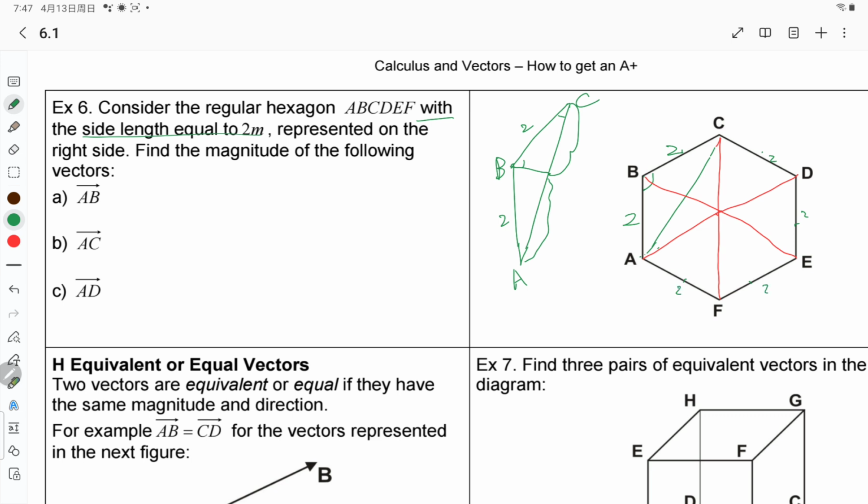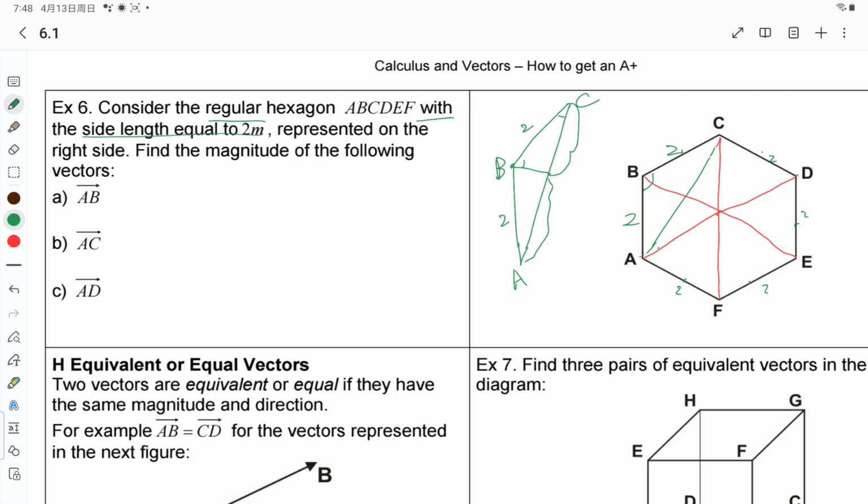And also, I think that this is a regular hexagon, meaning, regular just means however I connect these diagonals, they should be similar.